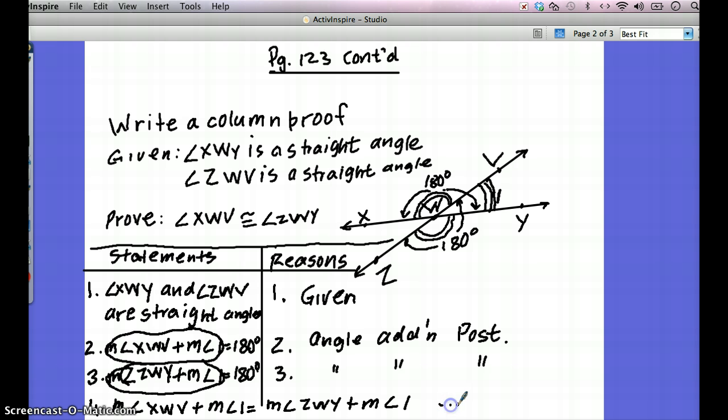My reason I'm going to put here is, what do you think? Transitive property.